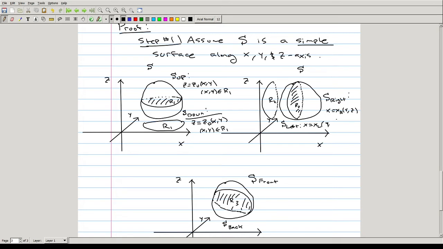And this is for y and z in this region R2, which is the projection of R onto the zy plane. So here y and z are in R2.